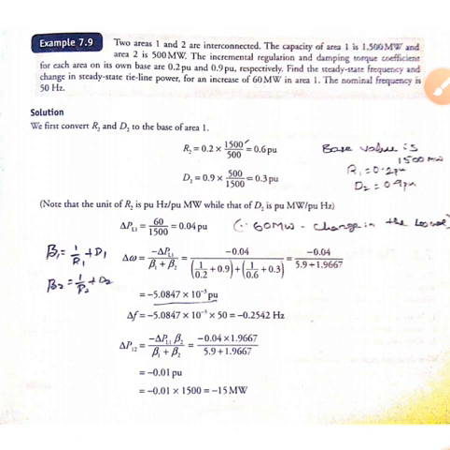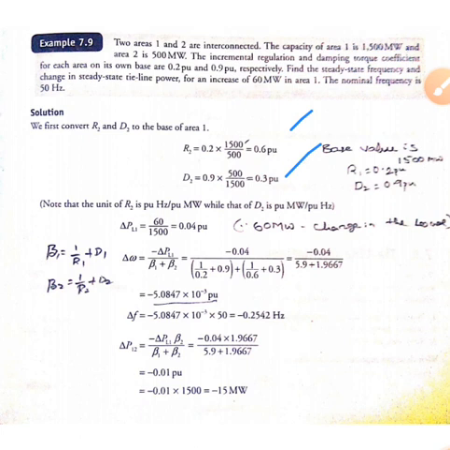But we need to calculate R2 and D2 by taking the base value as 1500 megawatt. So we need to calculate R2 and D2 to the base of area 1, right? So R2 is 0.2 into 1500 divided by 500, which is equal to 0.6 pu. Similarly, D2 is 0.9 into 500 divided by 1500, which is equal to 0.3 pu. I hope I could convey.